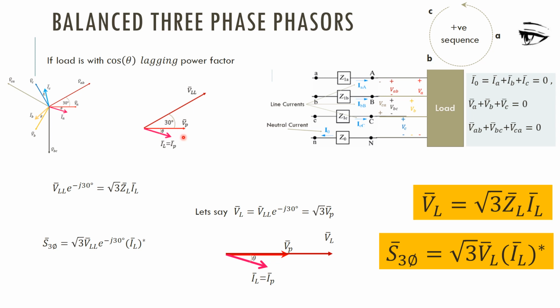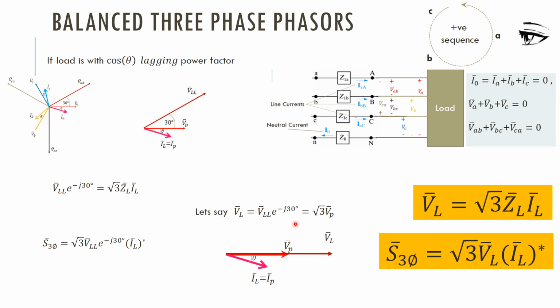The line to line voltage always leads the phase voltage, in positive sequence by 30 degrees. So if we shift this line to line voltage in this direction, multiplying it with e to the power minus J30, you will get that VL line voltage.